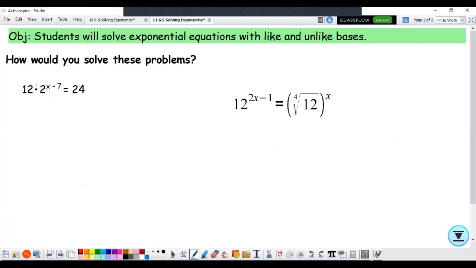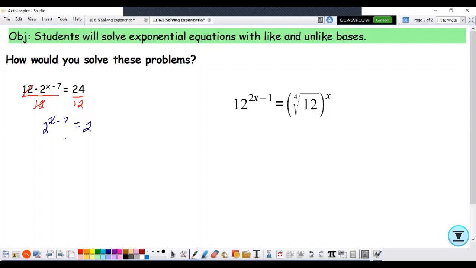Well, in order to undo a multiplication, I would need to divide by 12. So I'm going to divide both sides by 12. And that will leave me 2 to the x minus 7 equals 2.